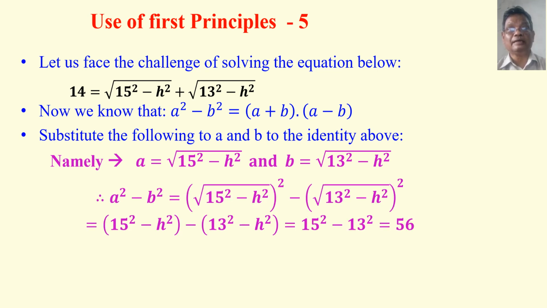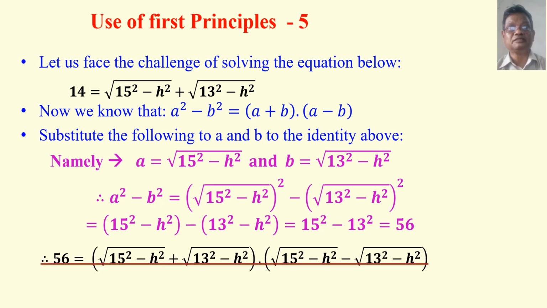Therefore, a squared minus b squared is equal to the square of the square root of 15 squared minus h squared minus the square of the square root of 13 squared minus h squared, which in turn is equal to 15 squared minus h squared minus (13 squared minus h squared), which is equal to 15 squared minus 13 squared equals 56.